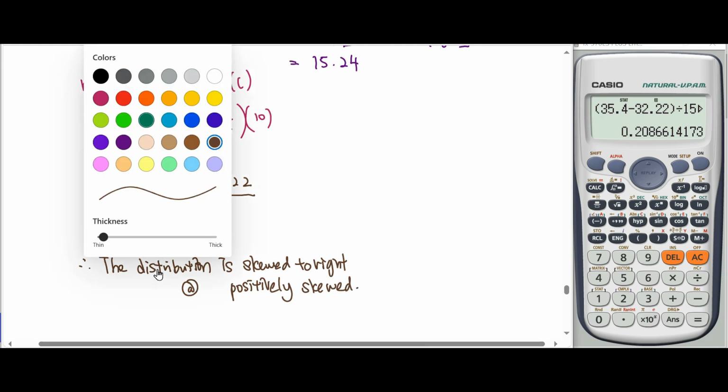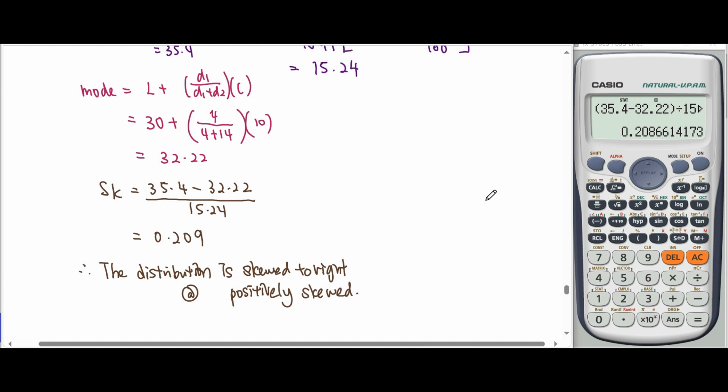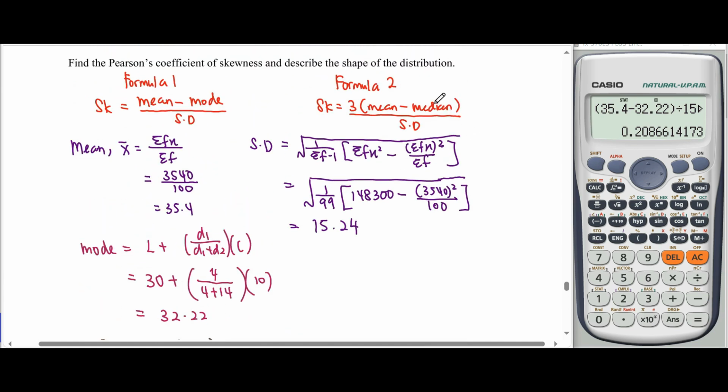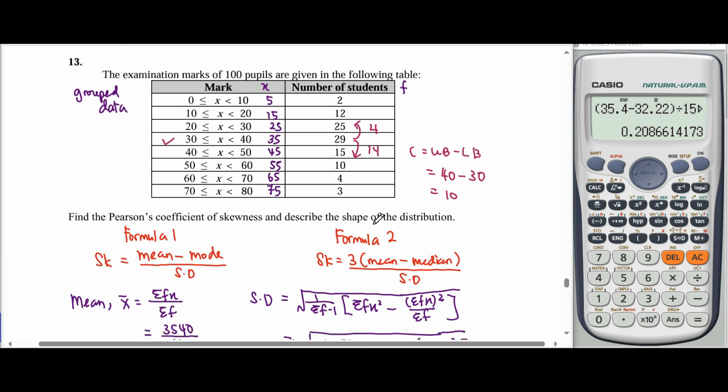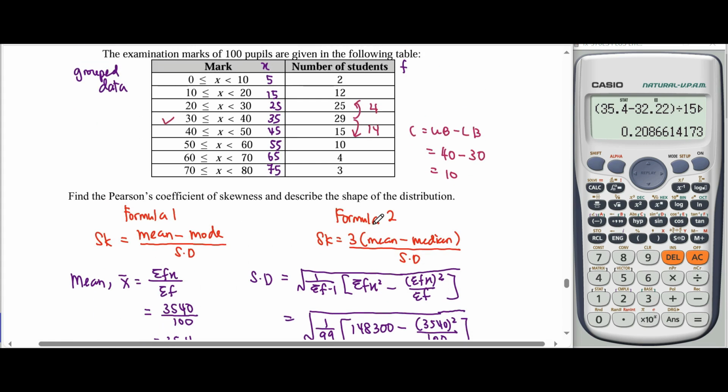So let's say we apply another formula. Let's say we are using the formula that finds the median, using median, formula number 2. So we need to find out what is our median first. For the median, we need to find out the median class. Median class will be at location n over 2. So 100 over 2 equals to class at the data of 50.